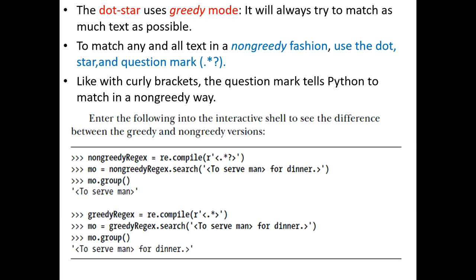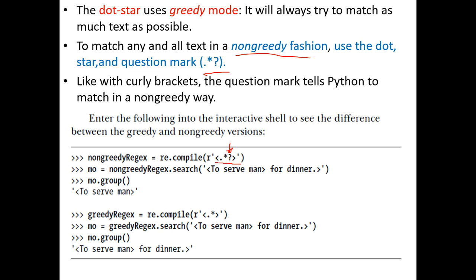So dot star uses greedy mode. It always tries to match as much as possible. That means longest searching. To match any and all text in a non-greedy fashion, use dot star question mark. When we use dot star question mark, it is going to match the shortest possible. So let us take one simple example here. Here I am using dot star followed by question mark.